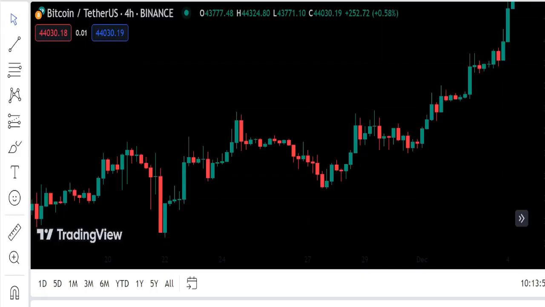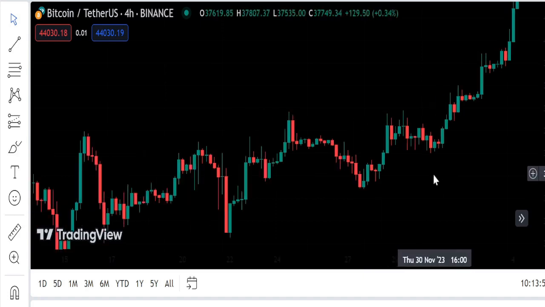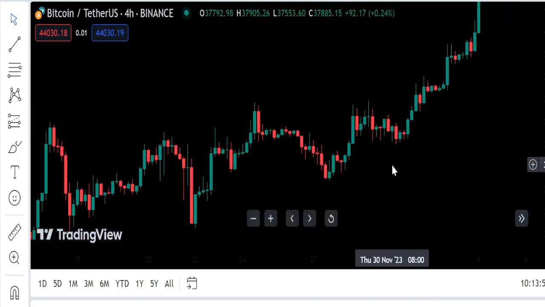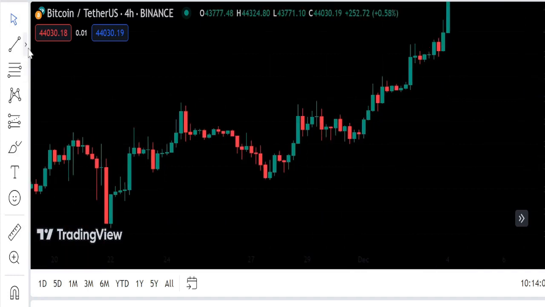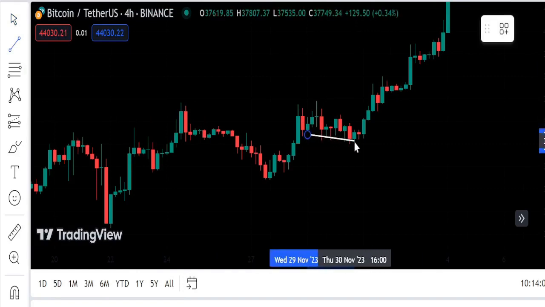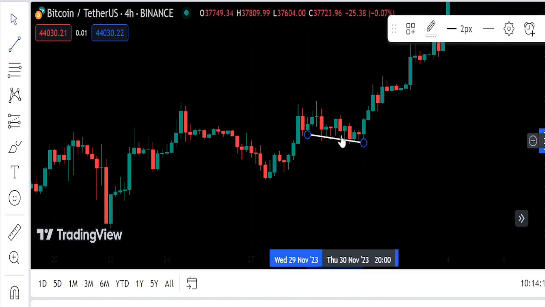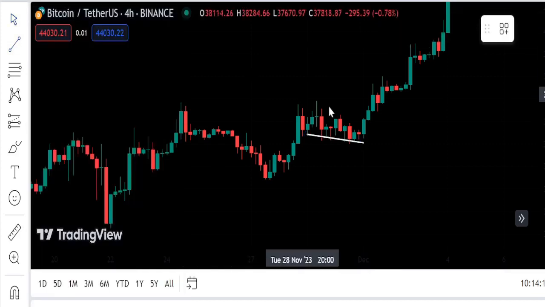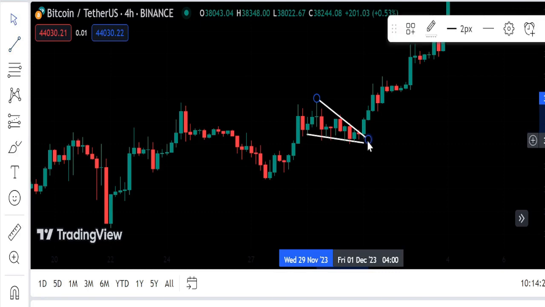So let's consider this chart. It's a live chart. So once again, if we consider this wick here as our lower lows, then we can also consider this wick here as our lower highs.